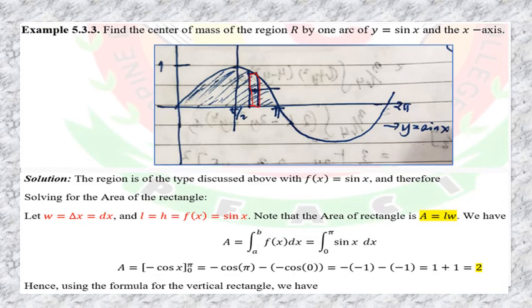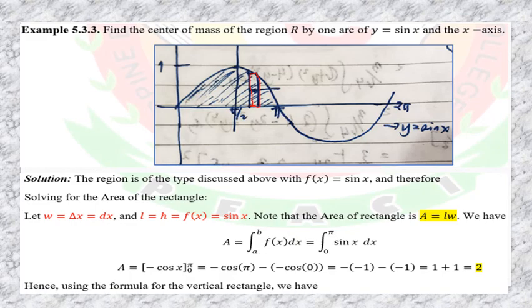With a horizontal rectangle, we would not get a proper height, since the arc of y equals sine x would give sine x minus sine x, which is 0. So we need to be careful in constructing the rectangle.